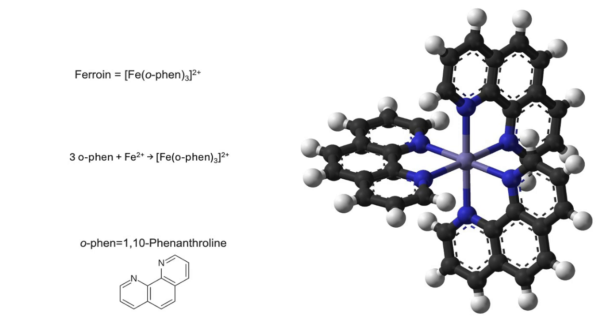Ferroin is a chemical reagent derived from the combination of a ferrous salt, which means iron salt with a +2 oxidation state, and 1,10-phenanthroline. In the BZ reaction, it serves both as a catalyst and a visual redox indicator.